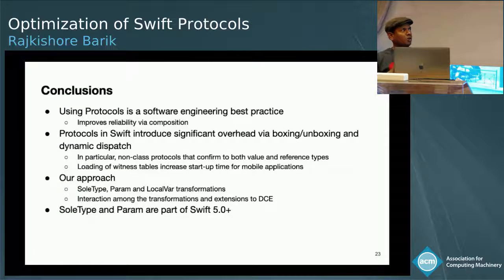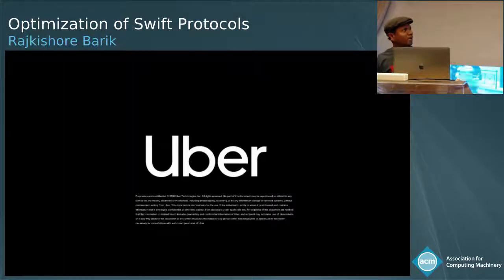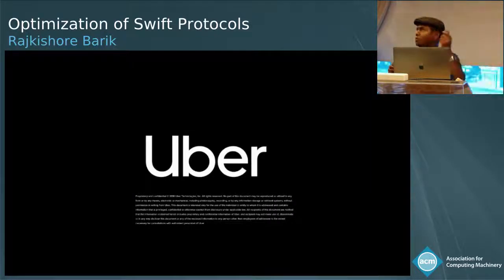And I talked about our approaches of eliminating these overheads. And some of these transformations, Soul Type, Param, are already part of Swift 5, and we are in the process of transferring the data flow analysis. So yeah, thank you. And this is the Uber disclaimer. I'm happy to take any questions.